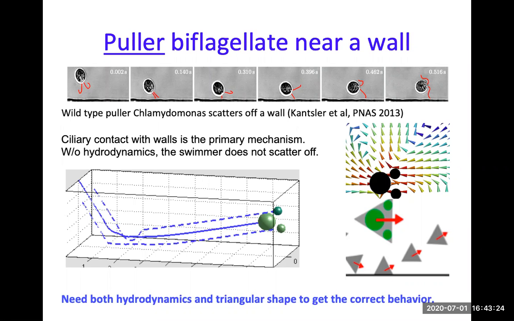And one can check that one needs both the hydrodynamics and the triangular shape to get this correct behavior. The idea is the outgoing angle is dependent on this triangular shape, the envelope of the body and the flagella. As the swimmer hits the wall and then turns there, this triangular shape determines the outgoing direction.